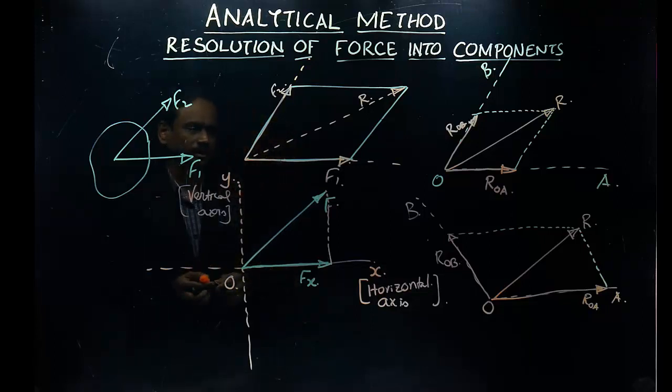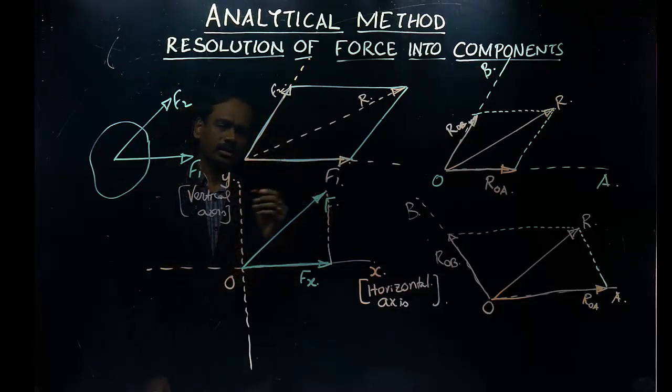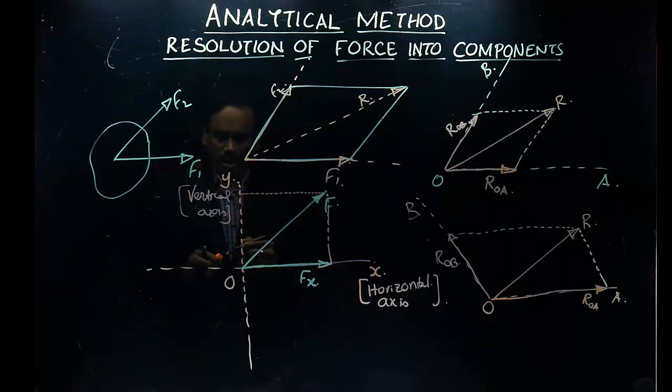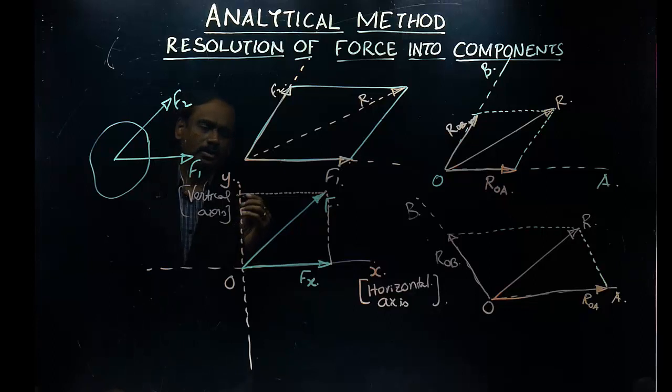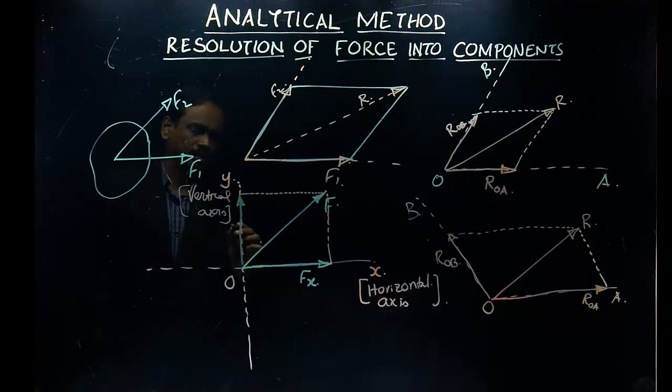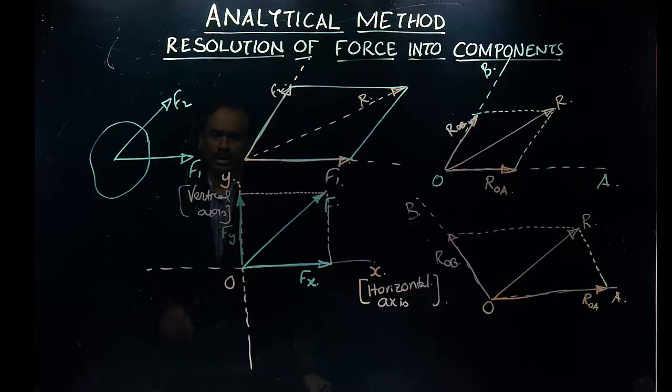Now in the same manner, to obtain the component along the y-axis or vertical axis, draw a line parallel to the x-axis, and wherever it meets, that will define the y component of the given force. Some textbooks even call this the vertical component.